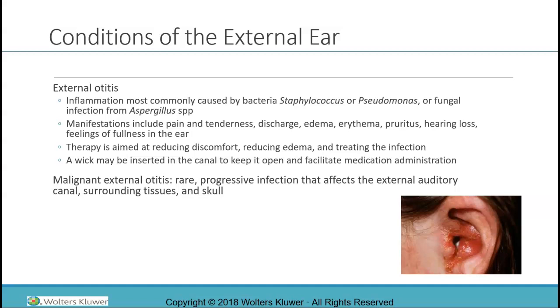After the ears have been wet, you can even put a little drop of alcohol in the ear to help act as an astringent and dry that ear up and reduce the risk of recurrence.